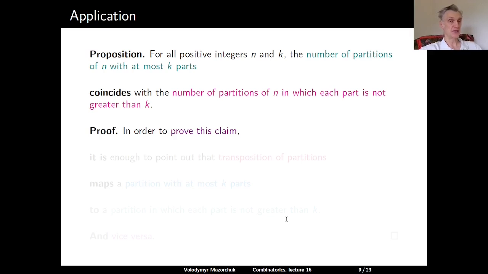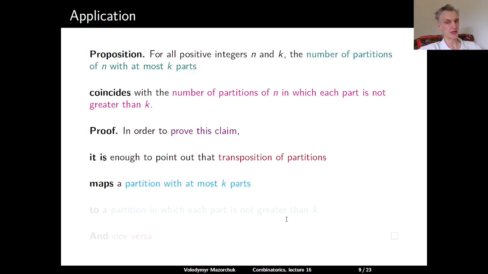In order to prove this claim, we just need to observe that transposition of partitions maps partitions with at most k parts to partitions in which each part is not greater than k. And transposition is clearly a bijection on partitions, and vice versa, transposition maps partitions in which each part is not greater than k to partitions with at most k parts. And this implies this proposition.